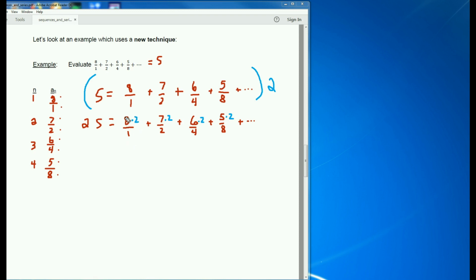When I do this first one, I'm just going to multiply it. 8 times 2 is 16. When I do this one, I'm going to cancel the factor of 2 with the denominator, so that one just equals 7.